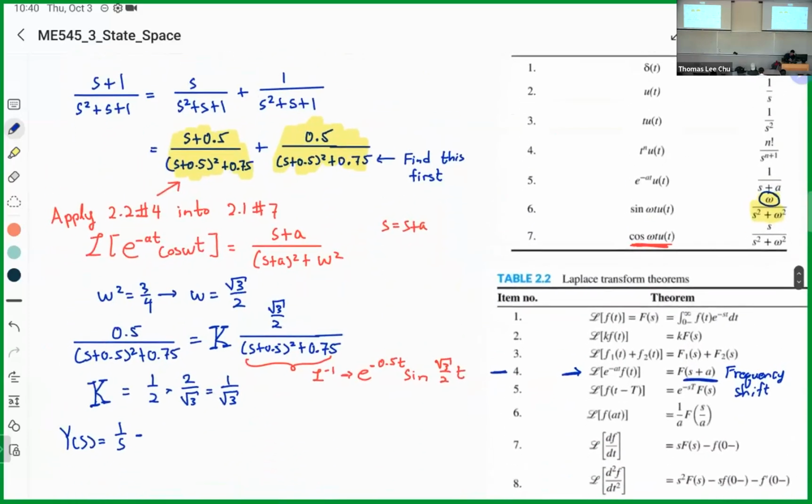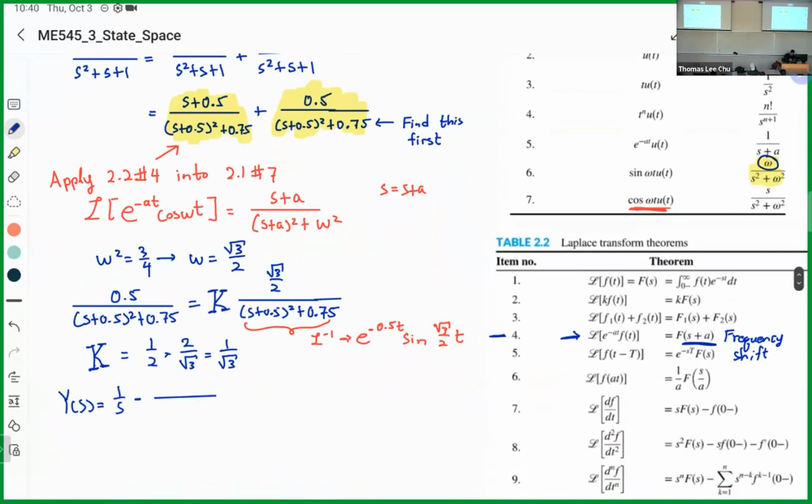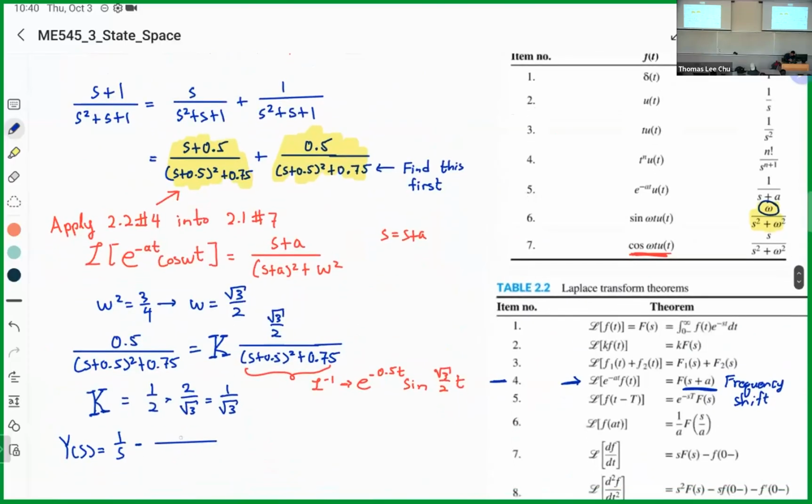So it's going to be minus, let's see, (s plus 0.5) divided by ((s plus 0.5) squared plus 0.75) minus 1 over root 3 times, sorry, root 3 over 2 divided by ((s plus 0.5) squared plus 0.75).